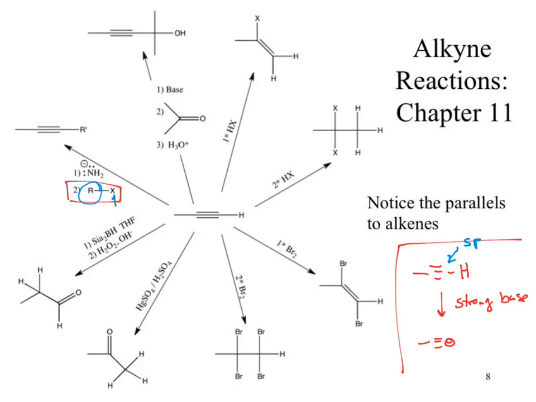Why? What's the X typically stand for? It's a halogen. Why is the carbon the electrophile? Halogens are more electronegative than the carbon. They've pulled that electron density away. That carbon becomes positive. There's your electrophile. What about in that other one? Where's our electrophile here?